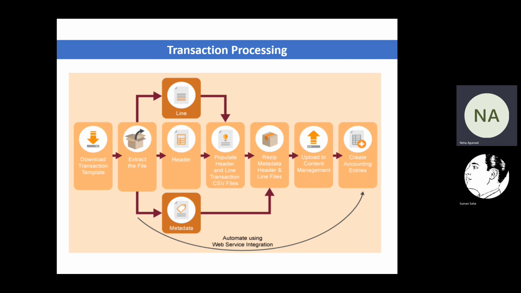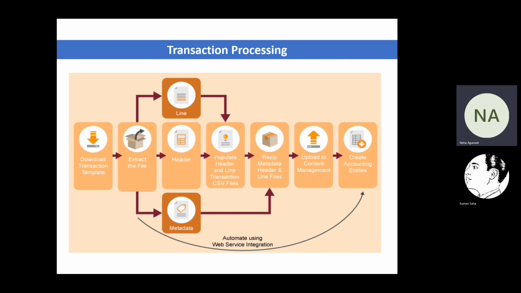There will be three files as I have shown you, the metadata file, the header and the line file, the CSV files. We will populate the header and line transaction information in the CSV files. Once the data is populated, we will rezip these files again and then upload to the content management, the UCM.